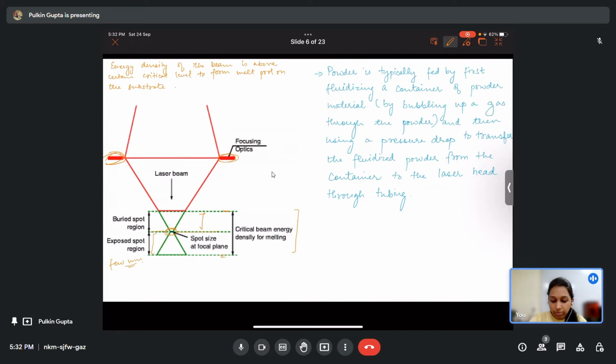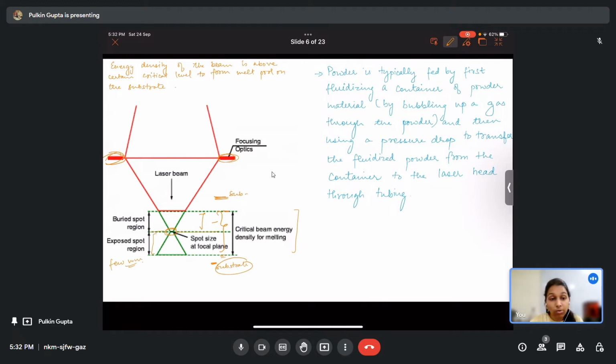So if your substrate surface is too far above, say somewhere here, then the melt pool will not form on the surface, or if it is too far below, say suppose it is here, then also the melt pool will not form. So the surface of the substrate should essentially lie within this area.